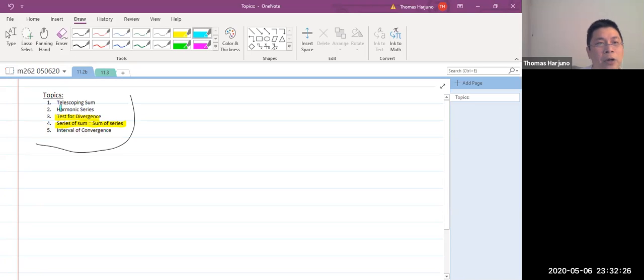What we have here, the harmonic series, is just a special series that becomes a classical example for some case. But let's do the telescoping sum first. What is a telescoping sum?